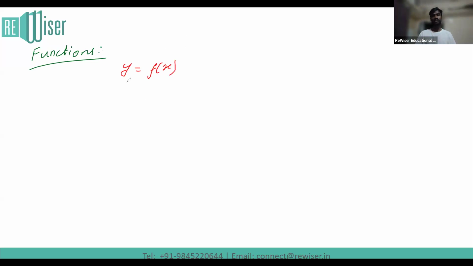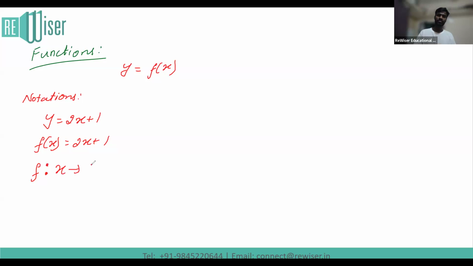The different notations for functions are: whenever I say y equals 2x plus 1, or f of x equals 2x plus 1, or f colon x to 2x plus 1, all these three are exactly the same.